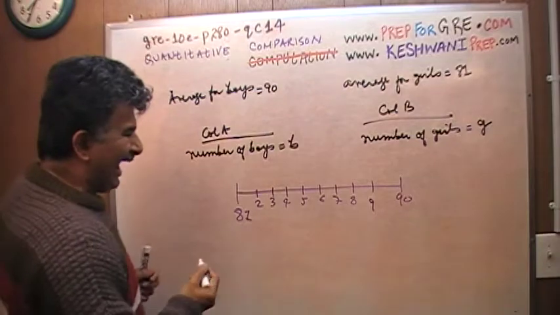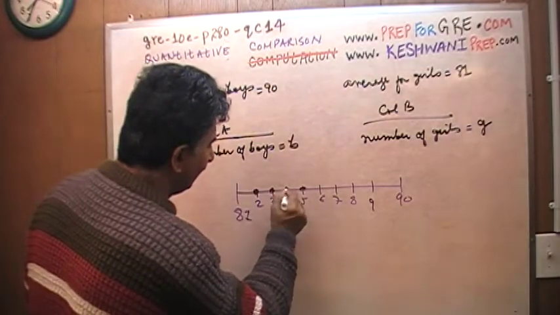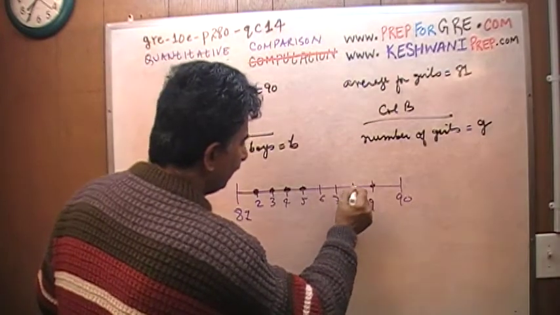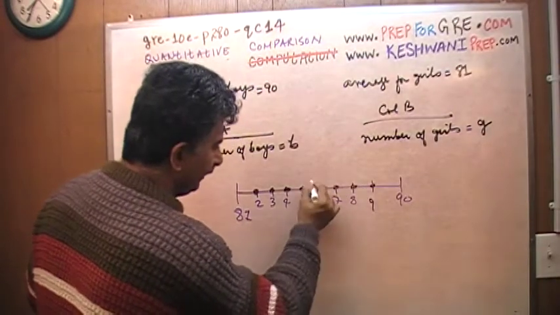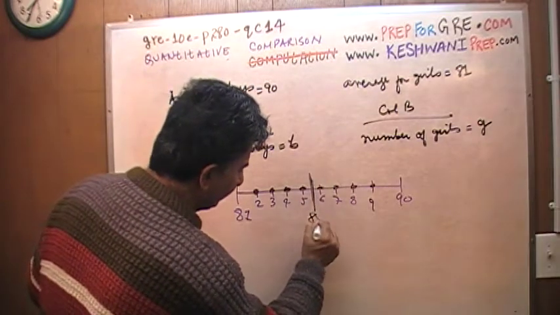If you count halfway through, it would be 1, 2, 3, 4 from here, 1, 2, 3, 4 from here. This is the halfway point right here, which is between 5 and 6, which is 85.5.